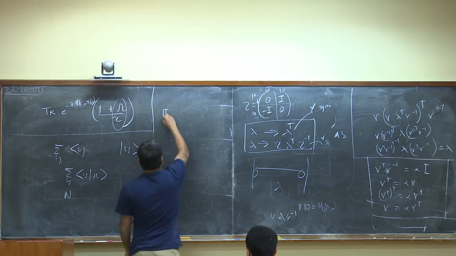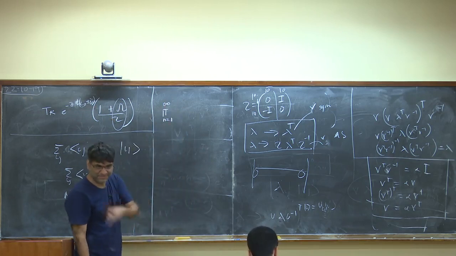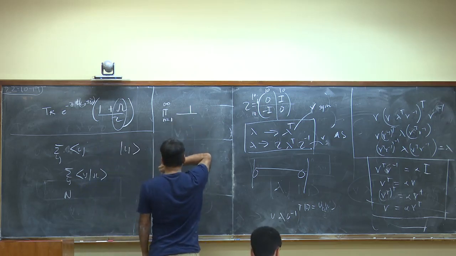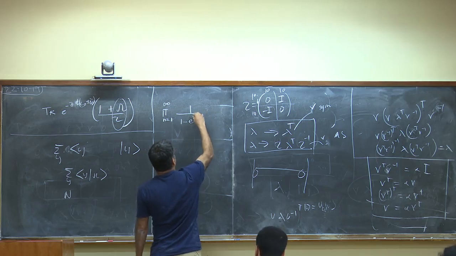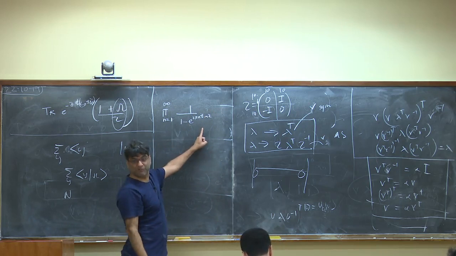It was the product over n equal to 1 to infinity, one of these for each oscillator, 1 over 1 minus e to the power 2 pi nt, and an extra factor of 2, right? Could somebody check? We got eta of 2it, right?